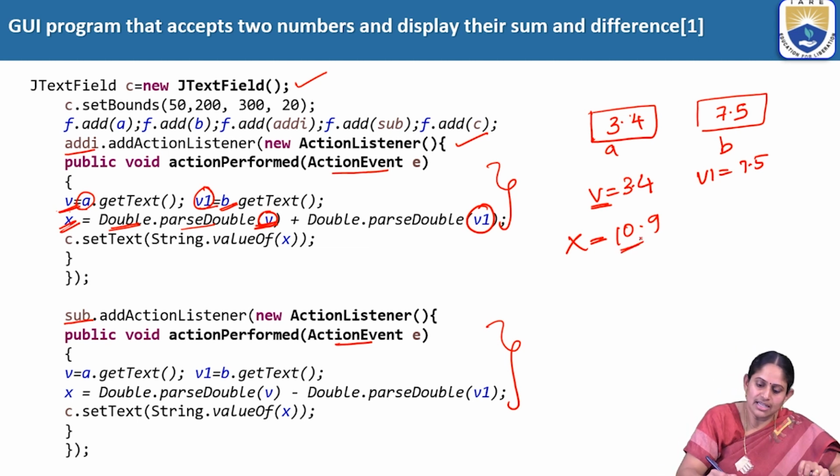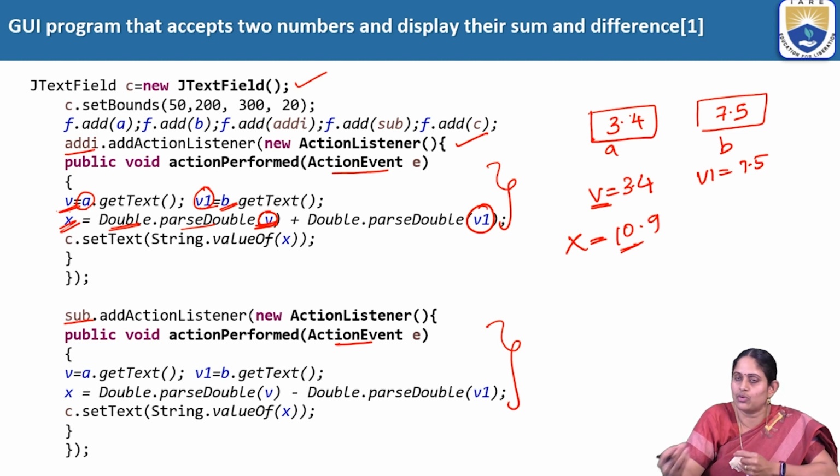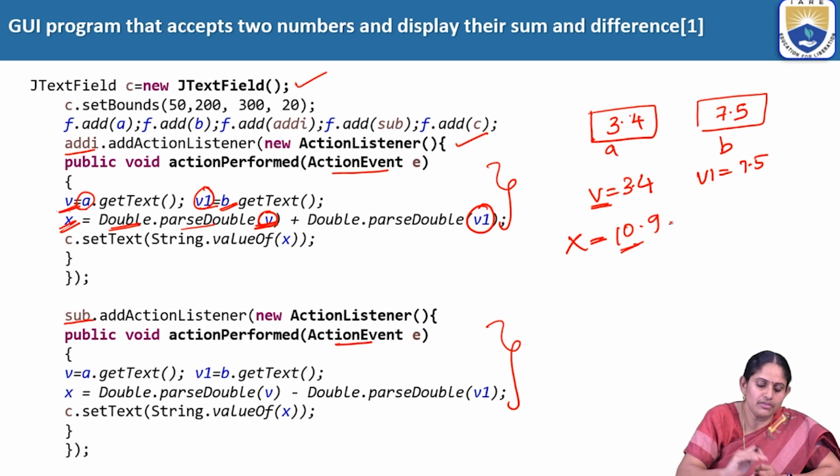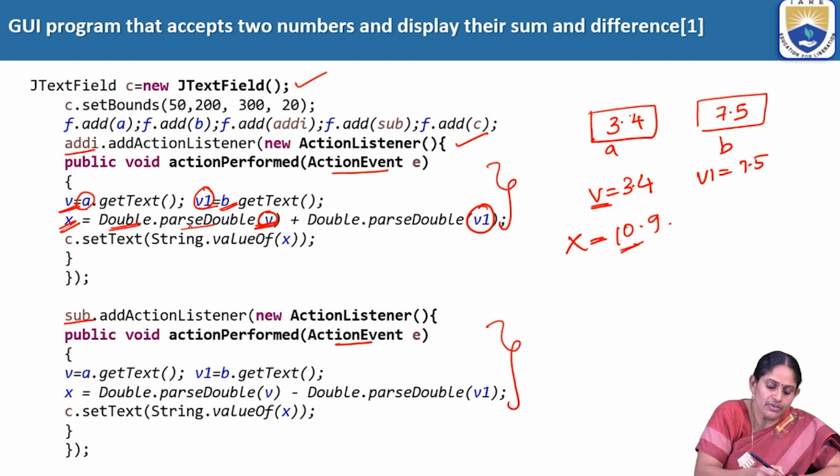Now this double value has to be written onto the text field C. Onto the text field we can write only values as strings. So this double has to be converted into string. We are making use of the valueOf method inside the String class to convert the double value passed to it into string.